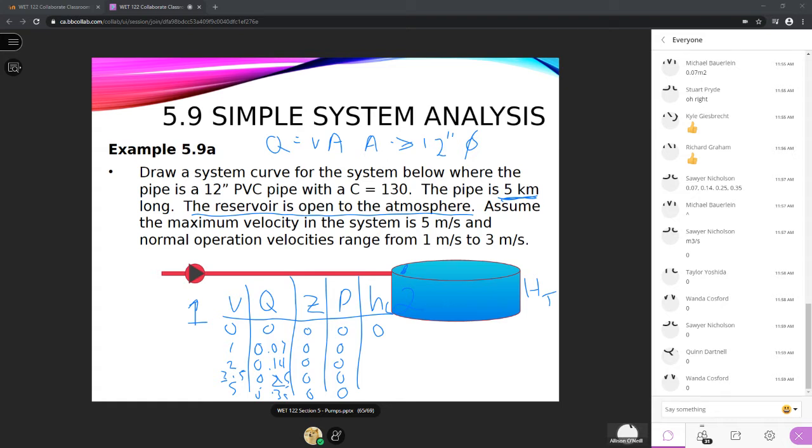So I'd like everybody to break out their nomographs. And when you're ready, maybe someone could tell me the slope when the velocity is 1 and the head losses when the velocity is 1.